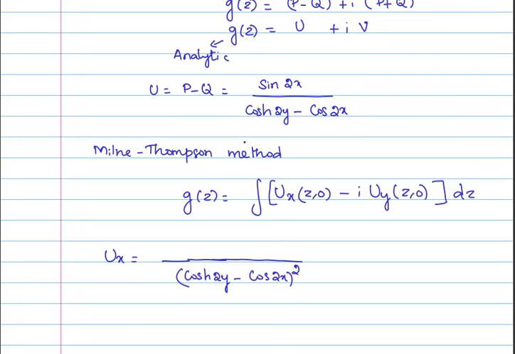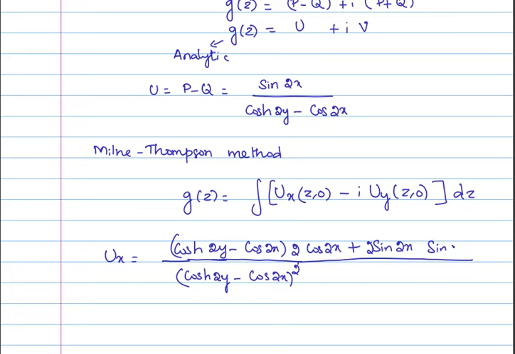The numerator: keep cosh 2y minus cos 2x as it is, times the derivative of the numerator, which is 2 cos 2x, minus sin 2x kept as it is, times the derivative of the denominator.